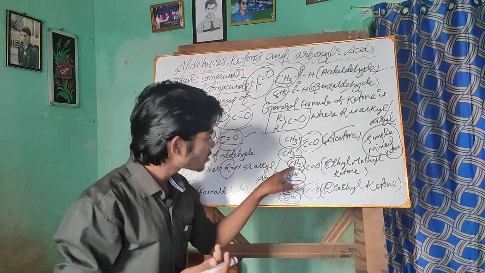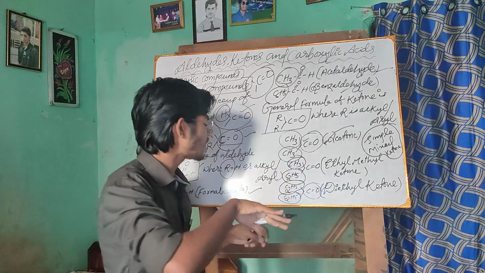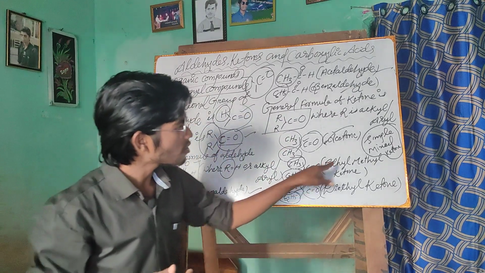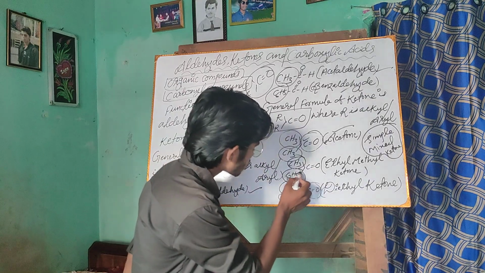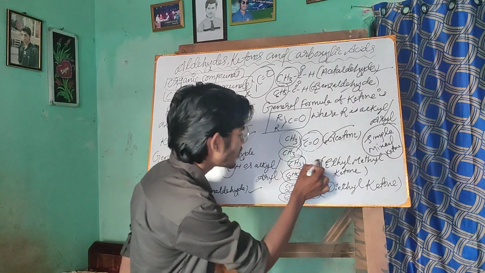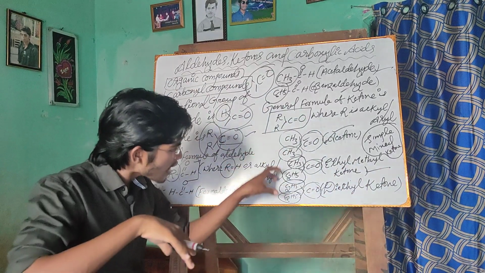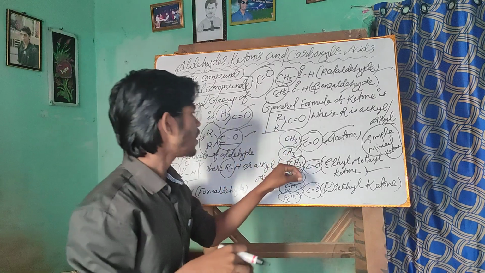Here this is a methyl group and this is an ethyl group. Since two different alkyl groups are attached, this ketone is known as the mixed ketone. And what's the name of this ketone? First of all ethyl, methyl, and here it is ketone. So ethyl methyl ketone.